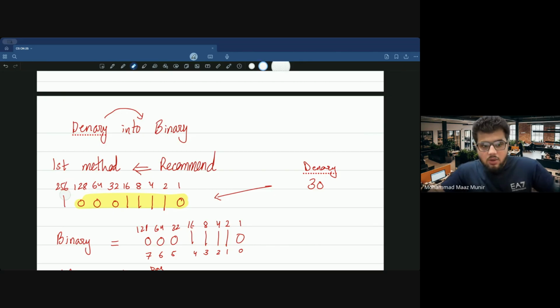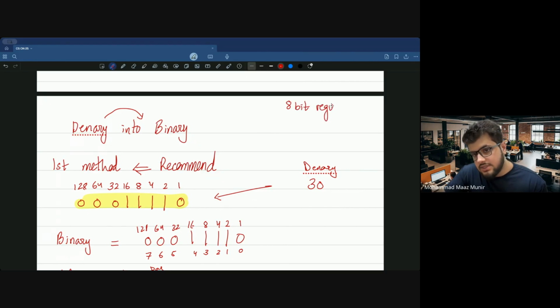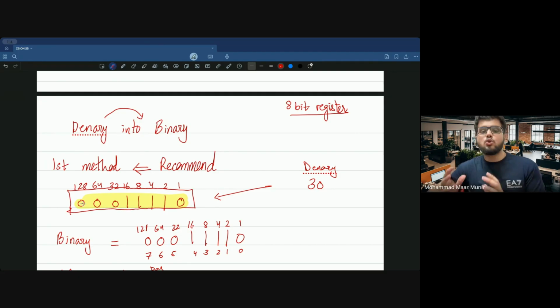Okay. But in your example, it's usually an 8-bit register. So in your exam, the examiner is basically going to be telling you that there is an 8-bit register. When the examiner says 8-bit register, the examiner basically means that you will be having a register, which is basically a slot. Let's say you have a shelf in your home where you want to keep books.